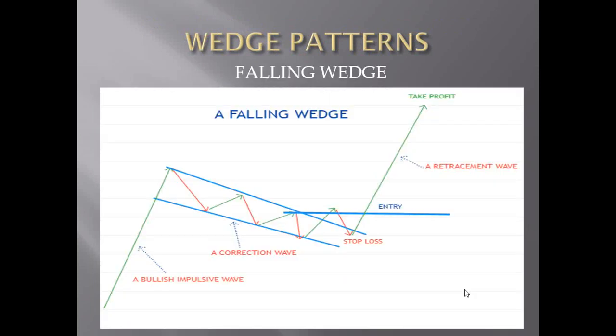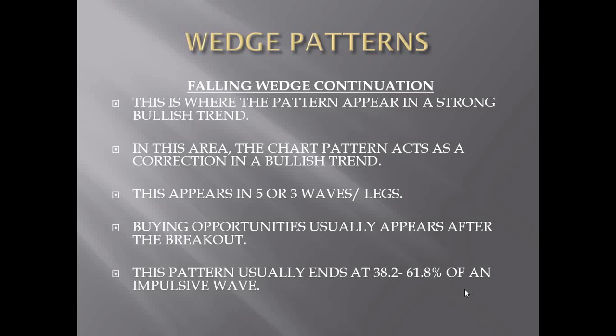The wedge pattern itself looks like a triangle pattern, but it's not as sharp as a triangle pattern. The first category is the falling wedge.